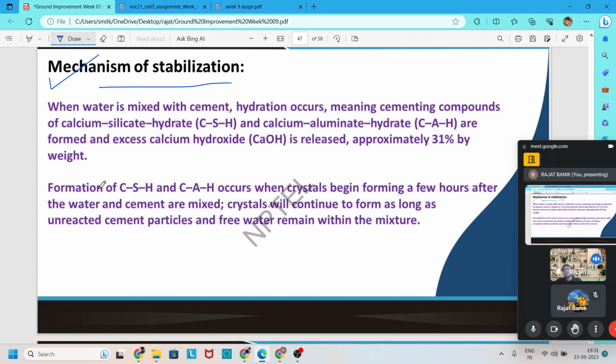Formation of calcium silicate hydrate and calcium aluminate hydrate occurs when crystals begin forming a few hours after water and cement are mixed.